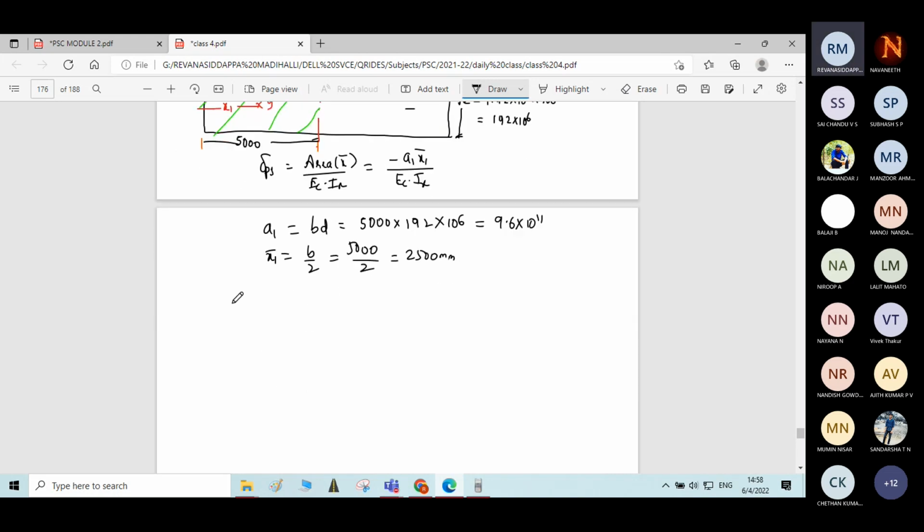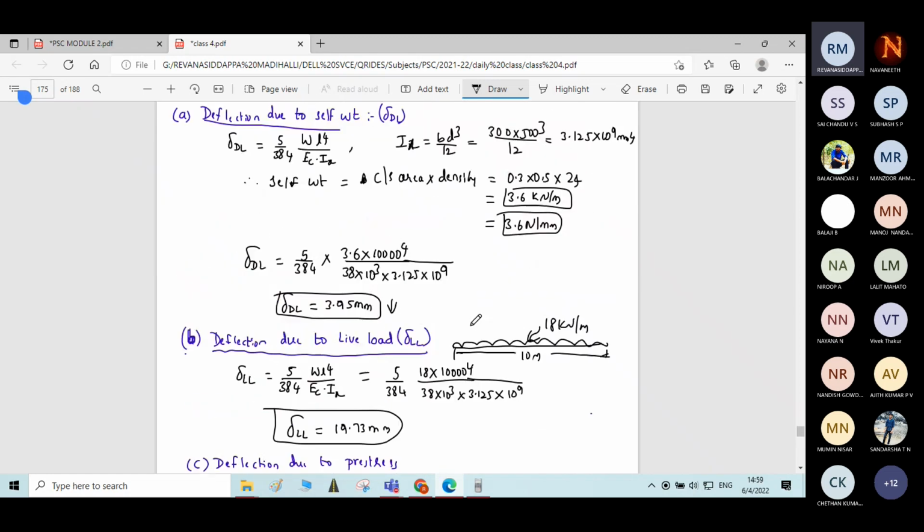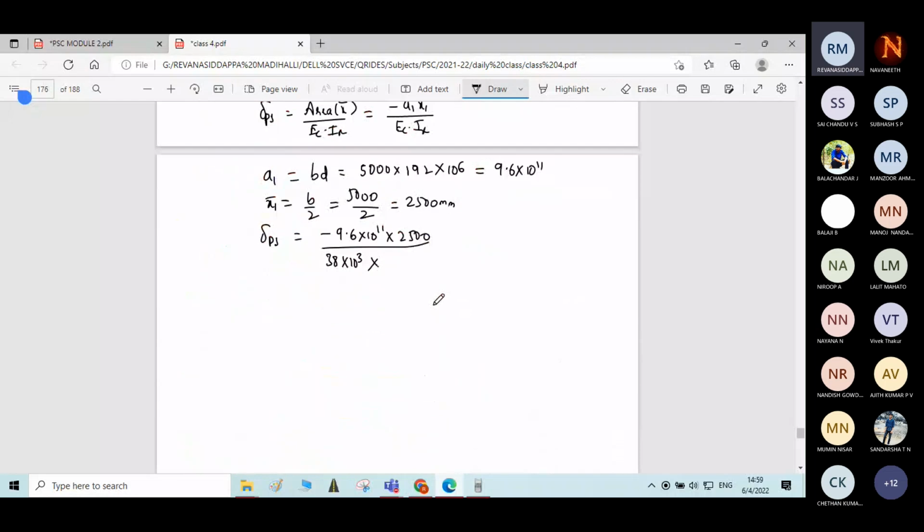Okay. Therefore, delta PS, deflection due to prestress, is equal to minus 9.6 into 10 power 11 into X1 bar 2500 divided by EC into IX. EC is 38 into 10 power 3 into IX. Just before we have calculated the IX, 3.125 into 10 power 9.